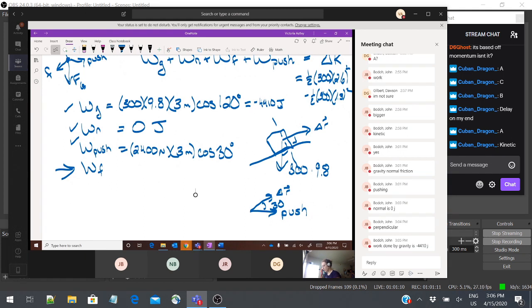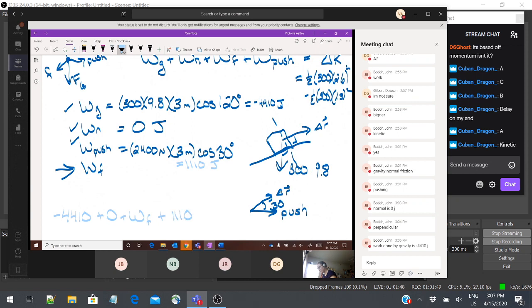So we end up with negative 4410 plus 0 plus work done by friction plus the work done by the push, which is 2400 times 3 times cosine 30. I get 1110 joules.